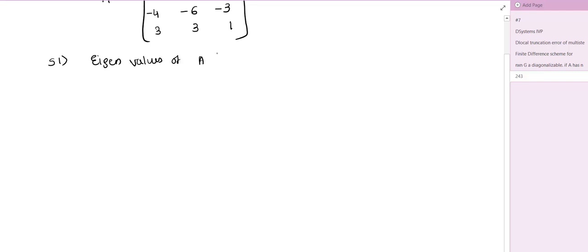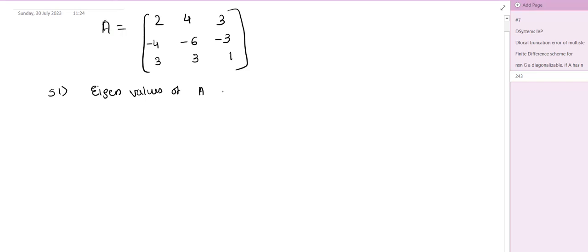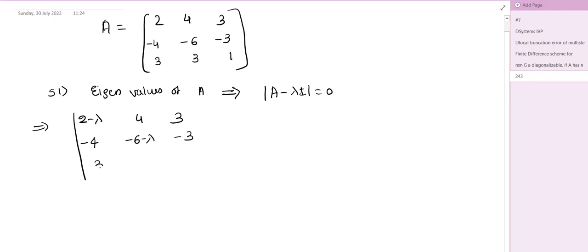of the matrix A. For that, we know that the characteristic equation will be determinant of A minus lambda I equal to 0. Now this implies the determinant of 2 minus lambda, 4, 3; minus 4, minus 6 minus lambda, minus 3; and 3, 3, 1 minus lambda, which is equal to 0.